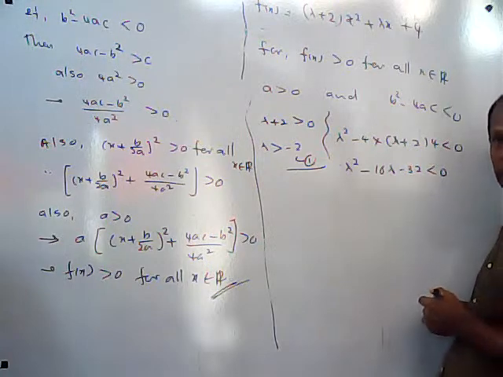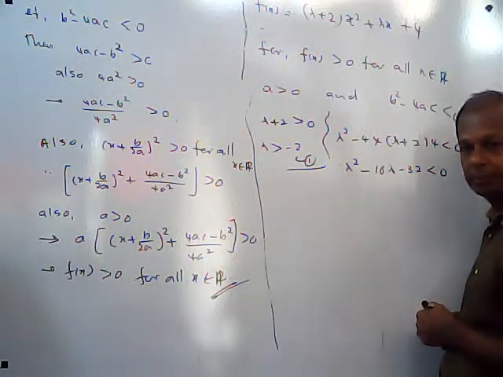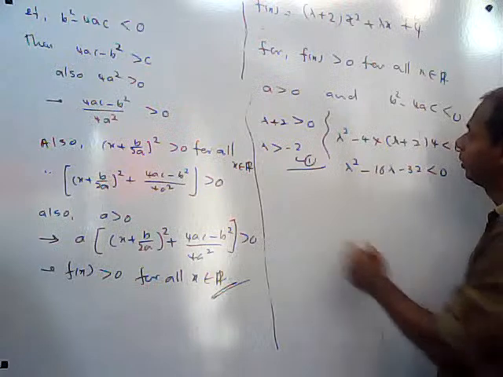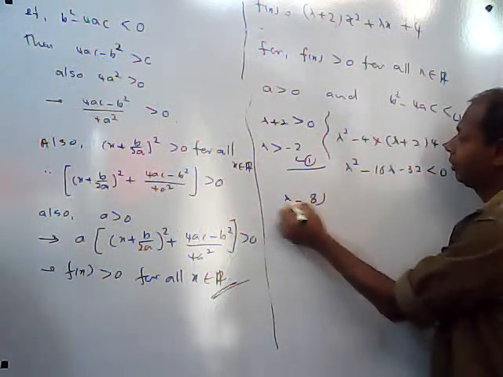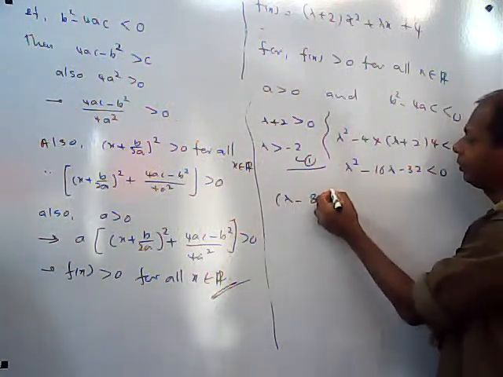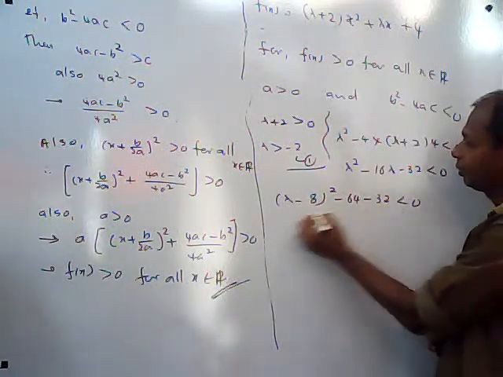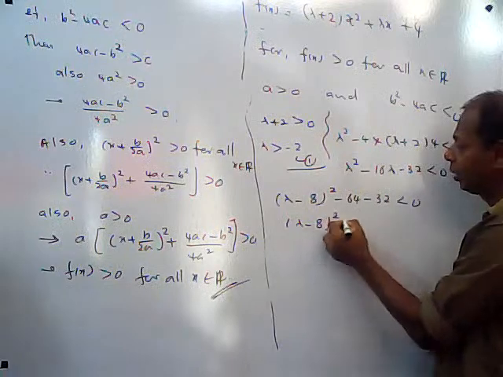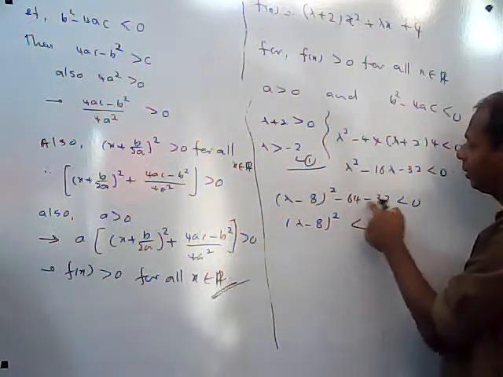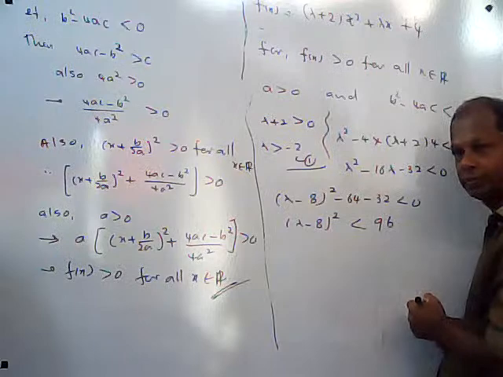You will have to complete the square to solve this inequation. So (lambda minus 8) squared minus 64 minus 32 is less than 0. Lambda minus 8 squared is less than 96. This is what you get.